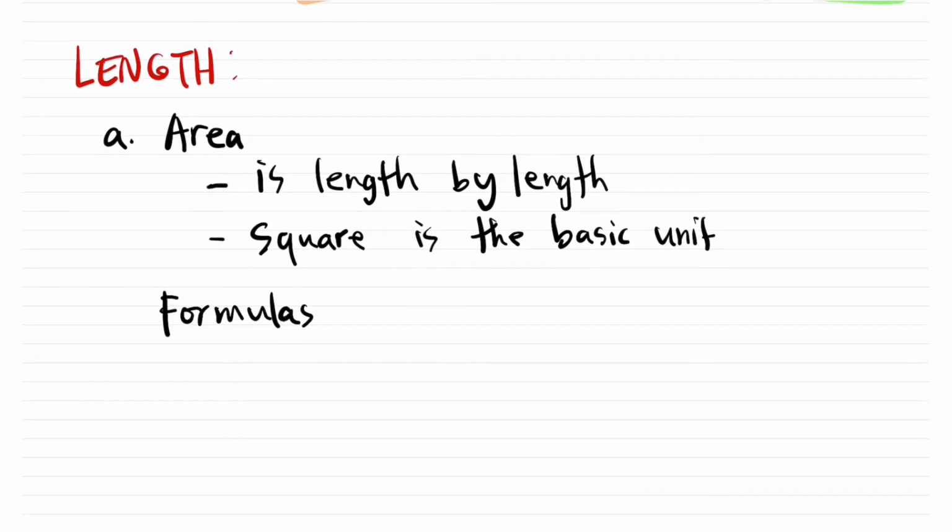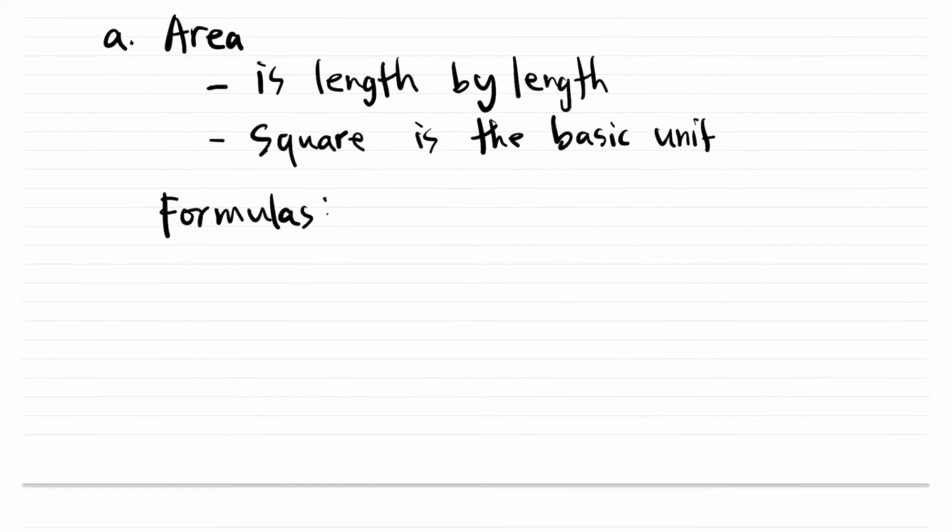Now here are the formulas for area. It depends on the figure or the polygon. For a square, the formula is S squared.